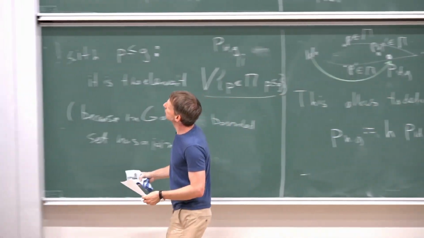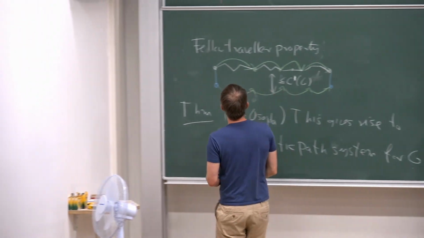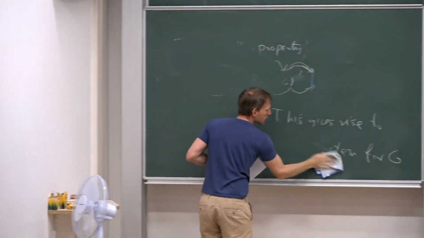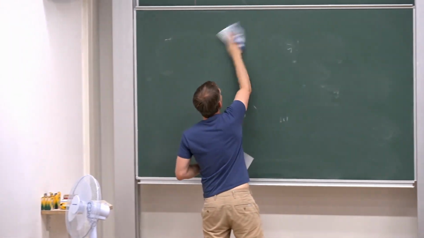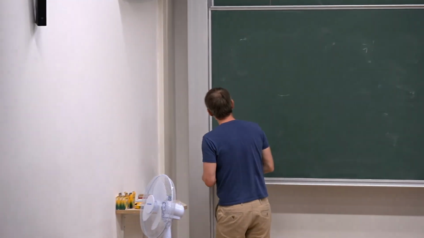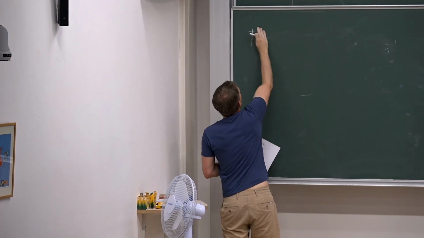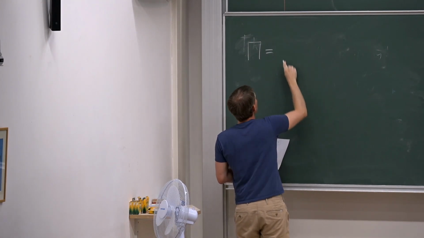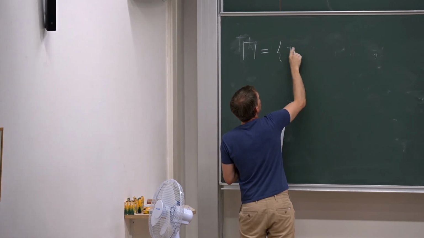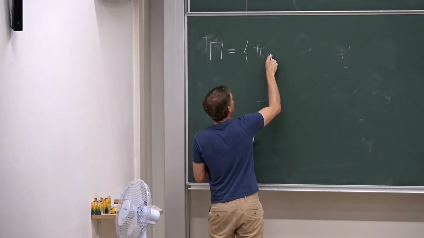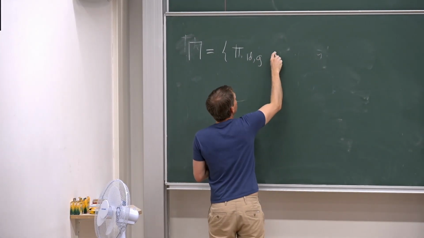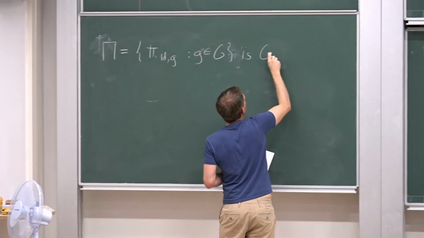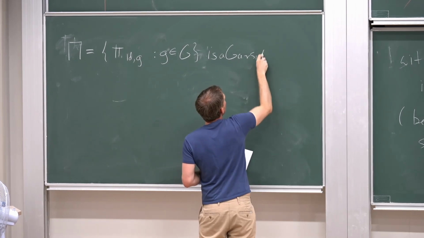That this set of voracious projections forms a Garside shadow. The theorem says that if you take the set pi, which is equal to the set of all the voracious projections between identity and any element G of the Coxeter group, this is a Garside shadow.